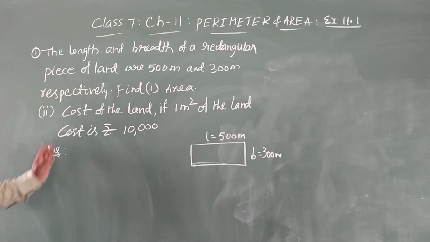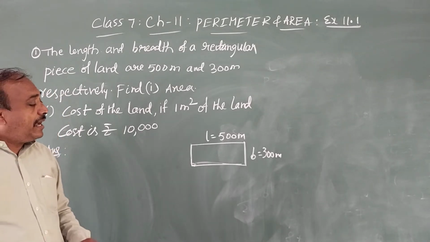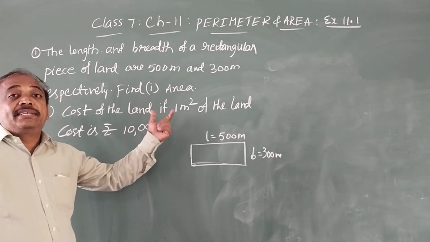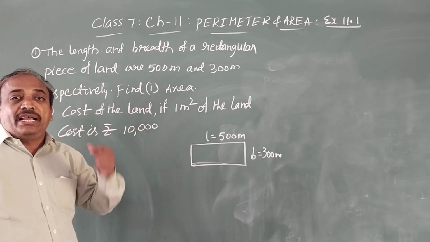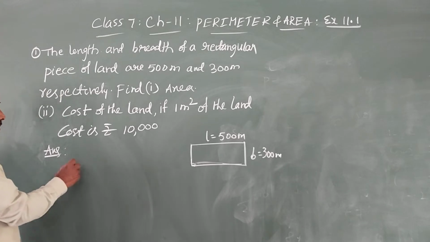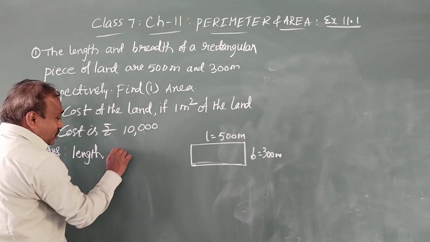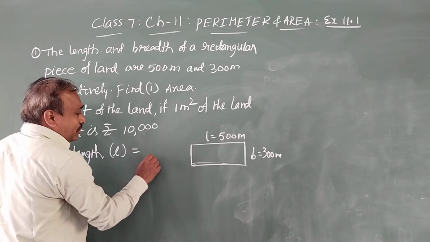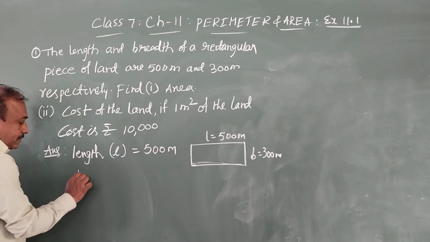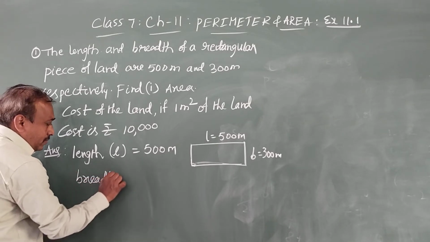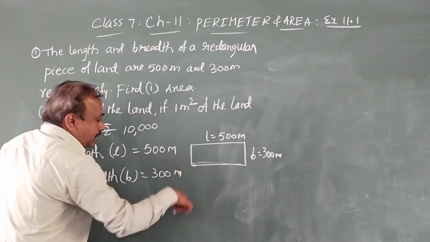So find the area of the land. Also the cost for 1 meter square is rupees 10,000. What is the total cost? So length of the land, which shortly we write as L, is equal to 500 meters and breadth B is 300 meters.